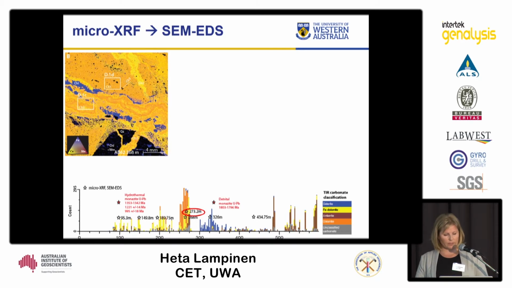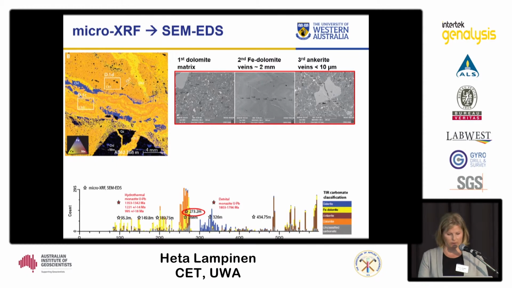So this is from the conglomerate interval. You can see the first carbonate in the matrix, a carbonate in a larger vein associated with the chlorite, which is the blue stuff, and then a very tiny later carbonate vein, which can be seen here.